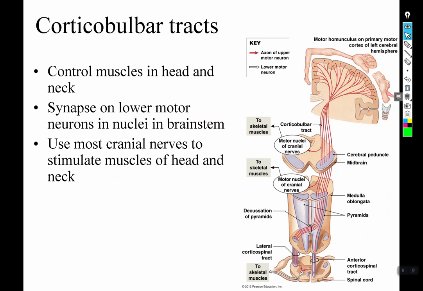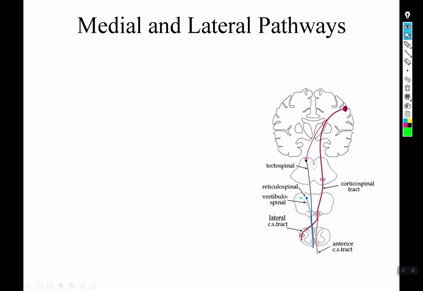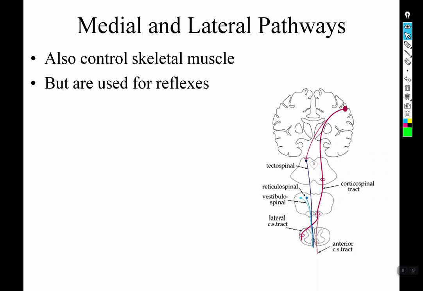Okay, so the medial and lateral pathways. These control skeletal muscle as well, but instead they're used for reflexes. So I've been mentioning that the anterior is also medial.